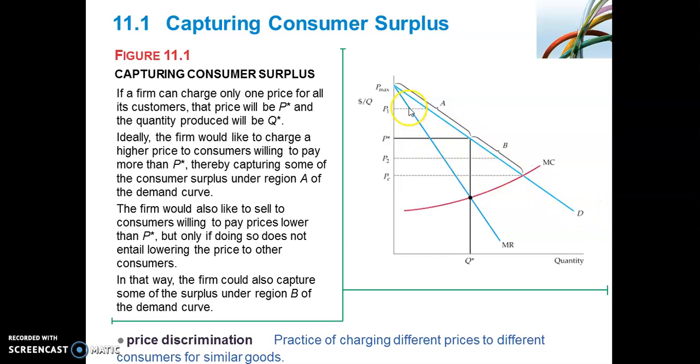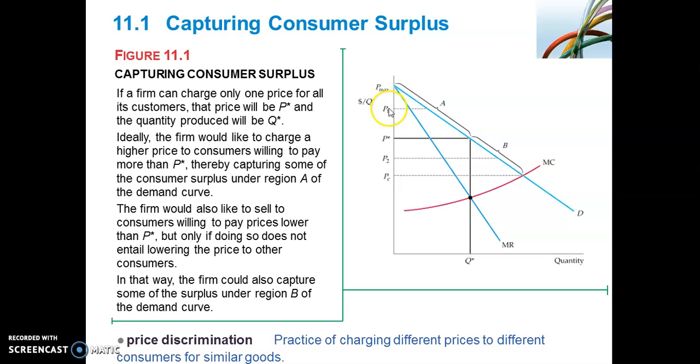So there are in fact customers in a region A that would be willing to pay a price higher than P star. So say for instance, you were to raise the price to P1, you could then capture some of those consumers that would pay a higher price in this region.